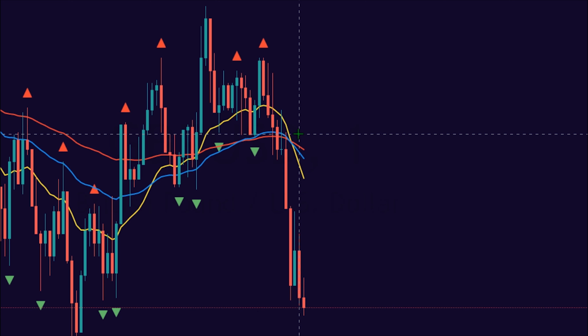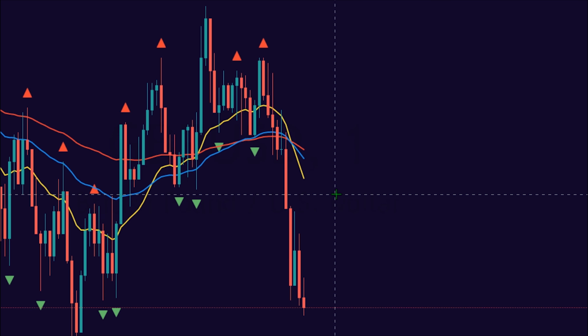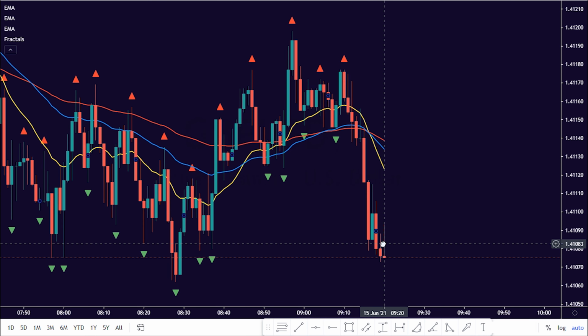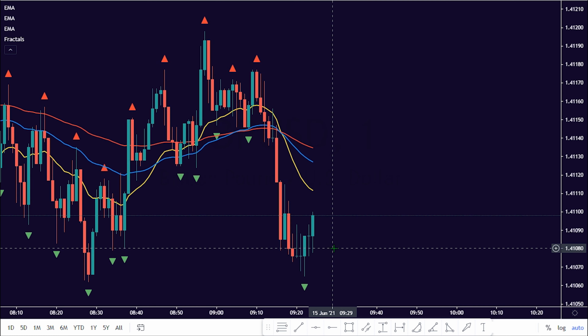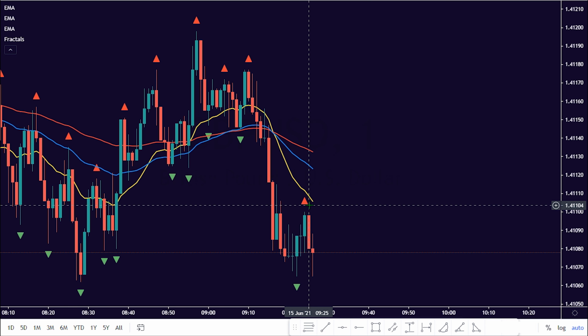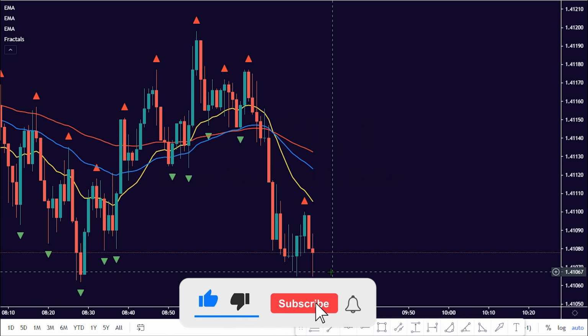Once this occurs, the next step is to patiently watch out for price bullish pullback to the red symbol of the fractal indicator as a get-ready signal to sell. Okay, good. Here comes a bullish pullback here to the red symbol of the fractal indicator. Let's wait for a bearish bar.